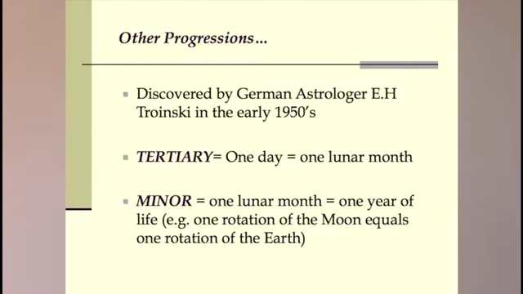He came up with tertiary, which is 1 day after birth equals a lunar month. A lunar month is like if you're born with the moon at 4 of Cancer, a month later, when it's at 4 of Cancer again, that would be a lunar month. Or you can do minor progressions where 1 lunar month equals 1 year of life. In other words, a rotation of the moon equals 1 rotation of the Earth.